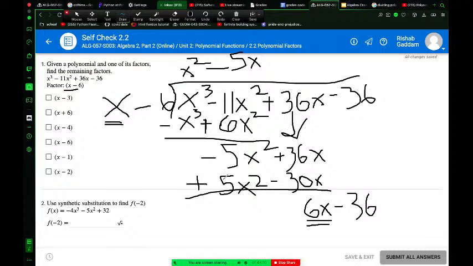No, you do how many times does x go into 6x? X. Minus 6x squared. No, I'm asking you 6x. 6x squared. No.